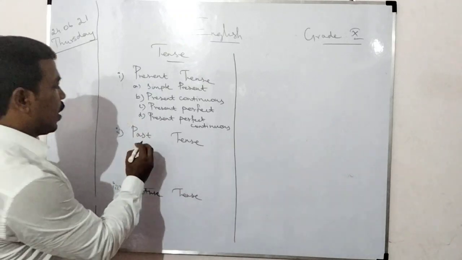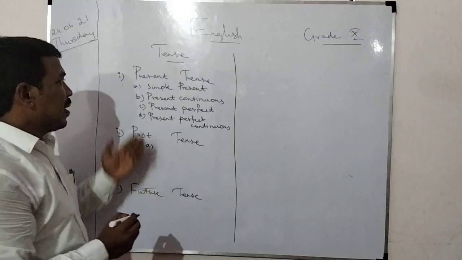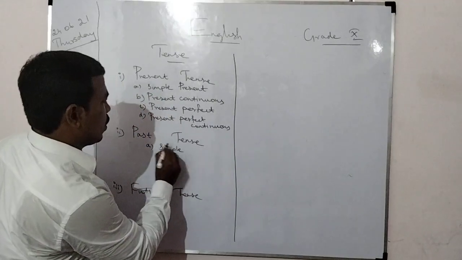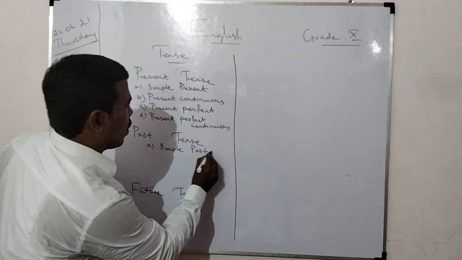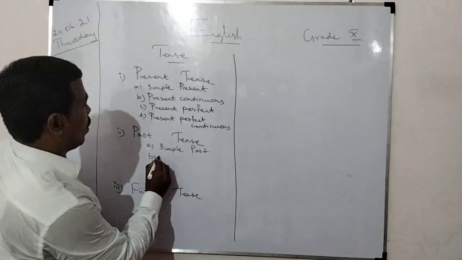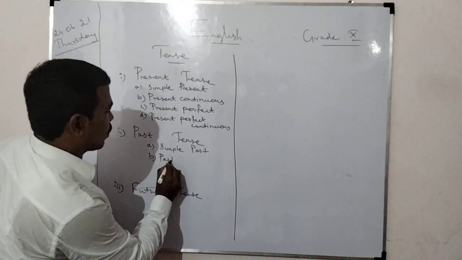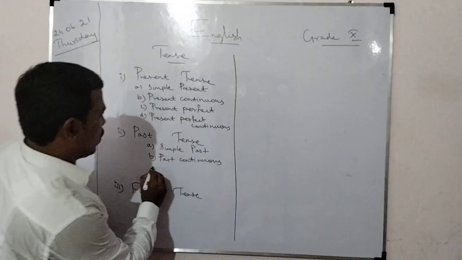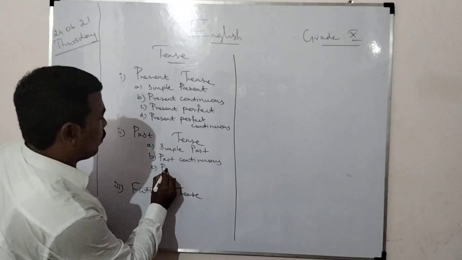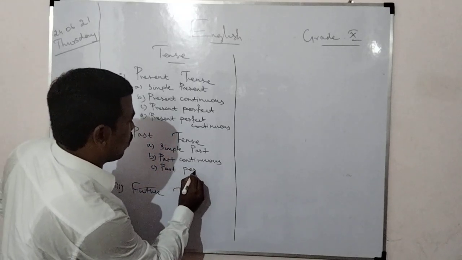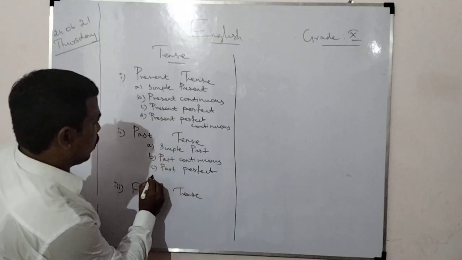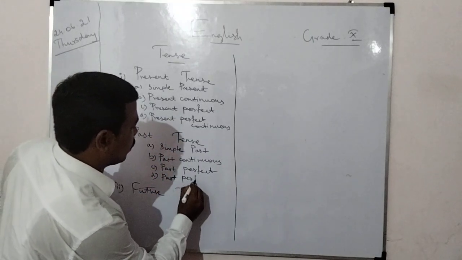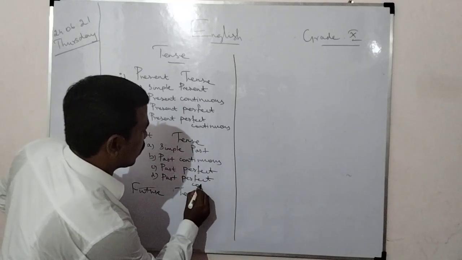Past is also divided into four. How is the past divided? The same way: simple past, the second one is past continuous, the third one is past perfect, and the fourth one is past perfect continuous.